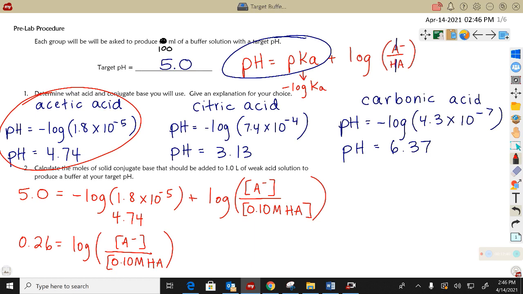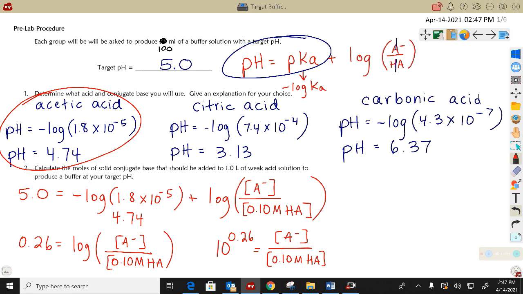And so I could say then that 10 to the 0.26 equals this ratio, A minus all over 0.1 molar HA, which again, it'll be our acetic acid, but it's just a lot easier to write HA than hydrogen acetate. All right, so the log is the exponent of 10. Kind of like when we were doing pH versus concentration, if you want to get rid of the log, you can take that 0.26 and put it up there as the exponent of 10.